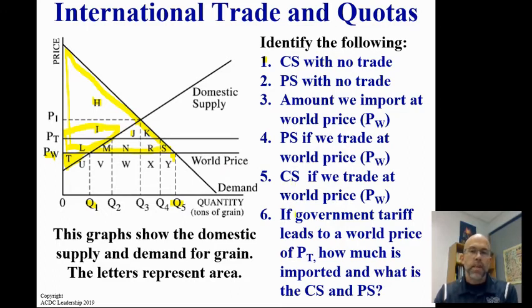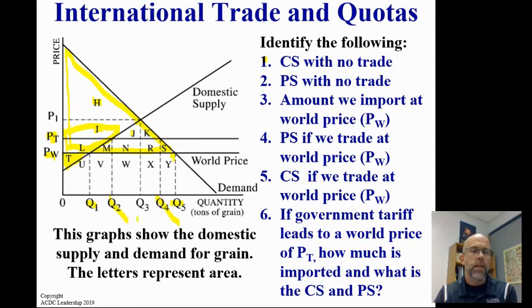So now if the government decides to establish a tariff, which leads to a price of PT, so this is the price at the tariff, we can determine how much is imported and what the new consumer surplus and producer surplus are. For the amount imported, we would take the price at the tariff and see where it crosses the supply and demand curves at Q2 and Q4.